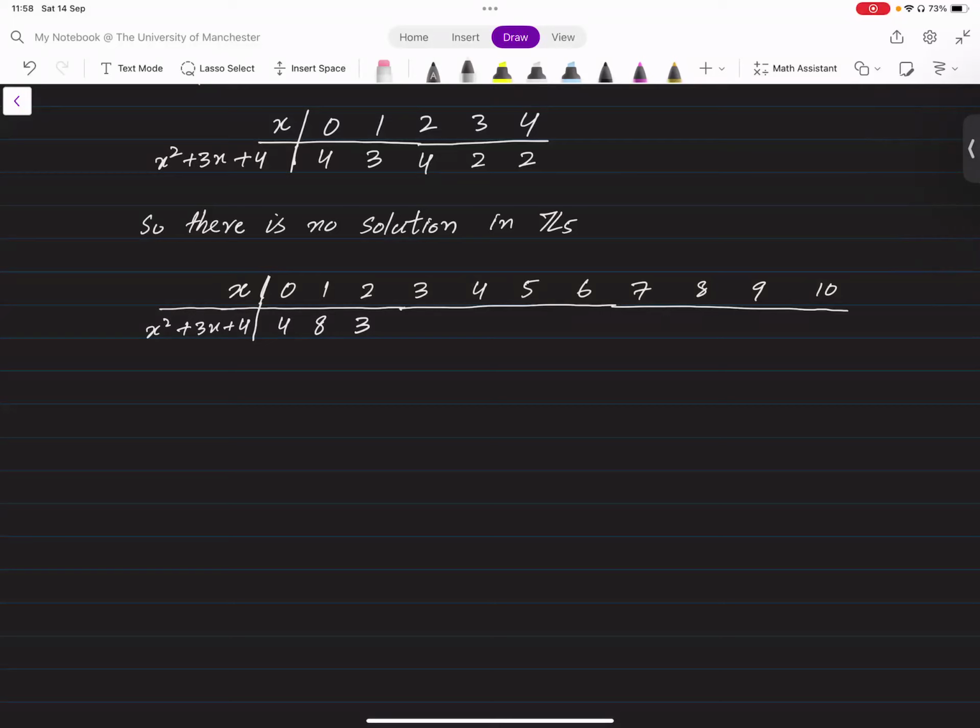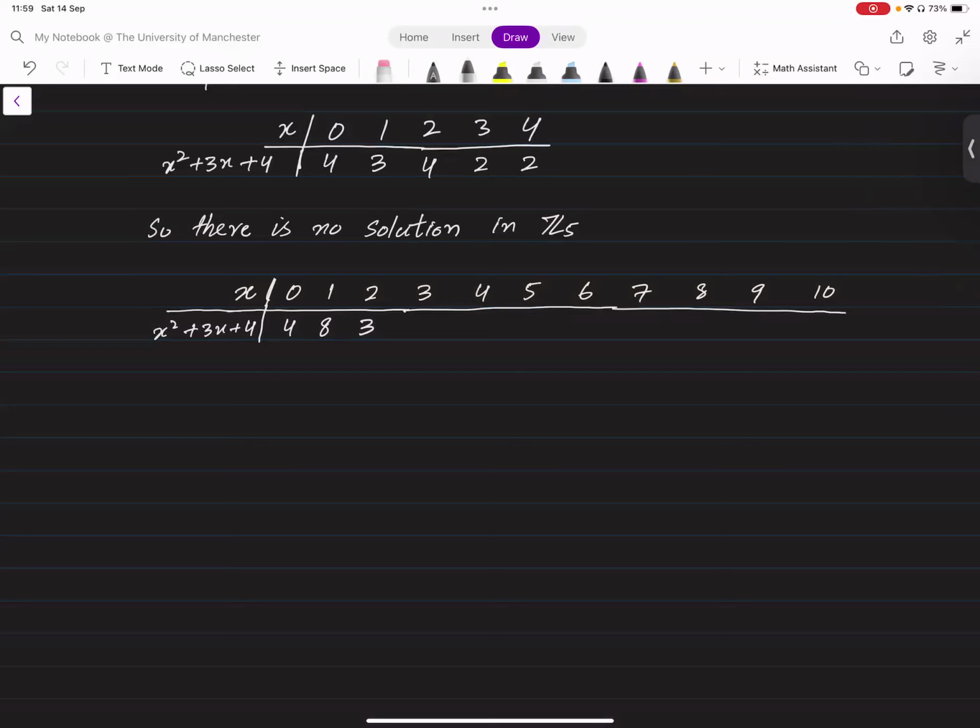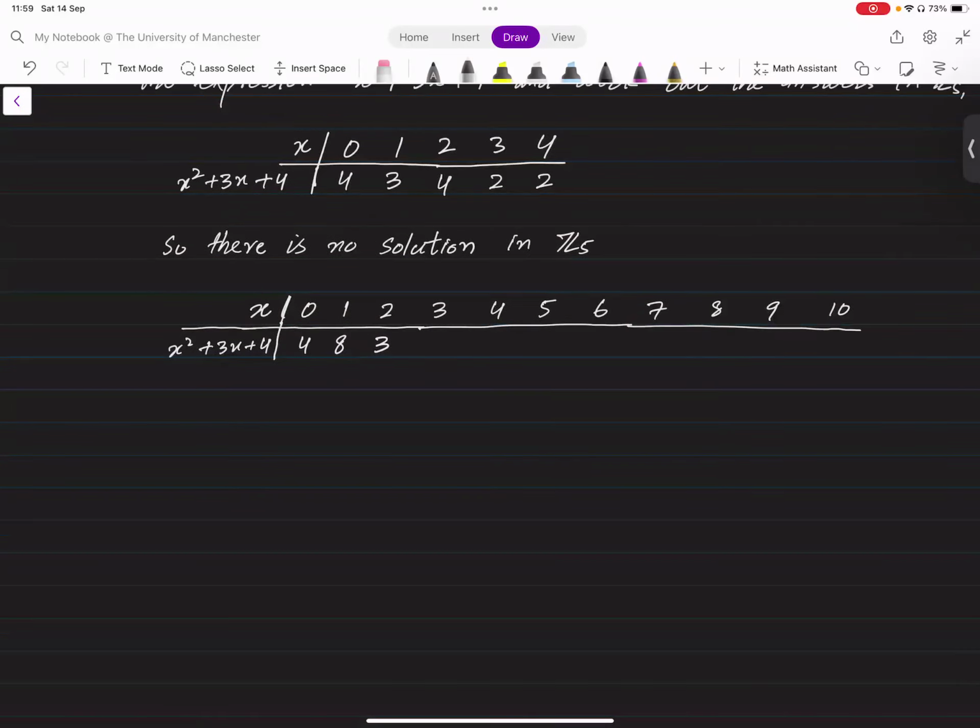Okay. Again, let's put 3. 3 squared is 9, 3 times 3 is 9, 9 plus 9 is 18, plus 4 is 22, which is 0 mod 11.